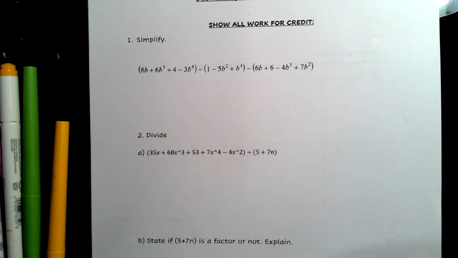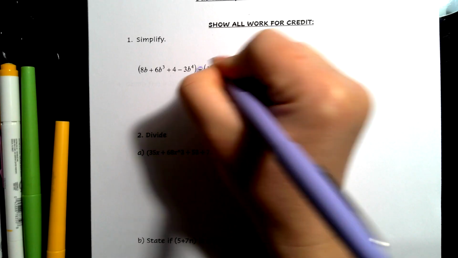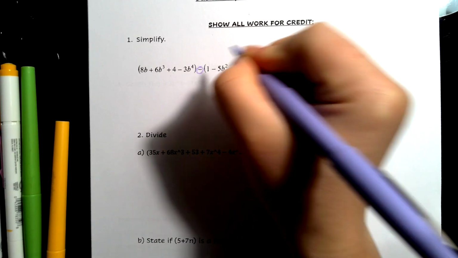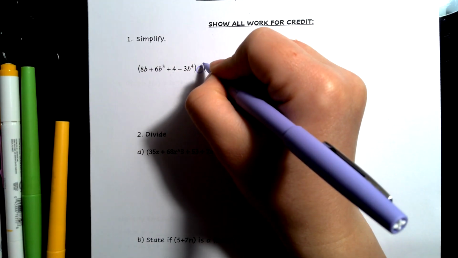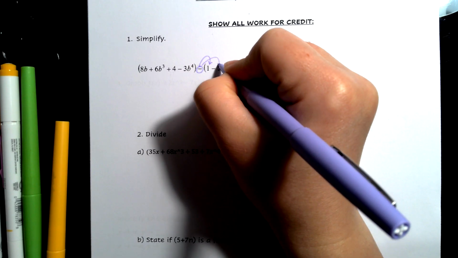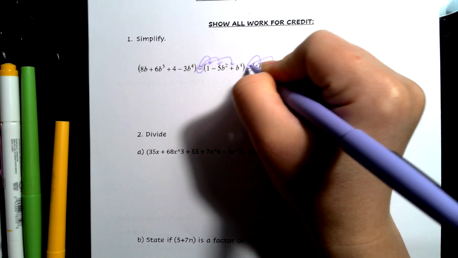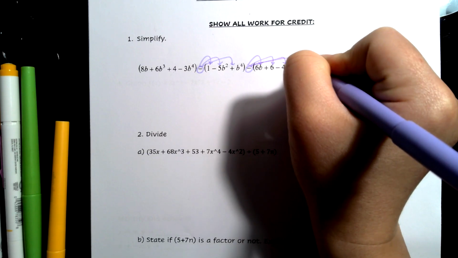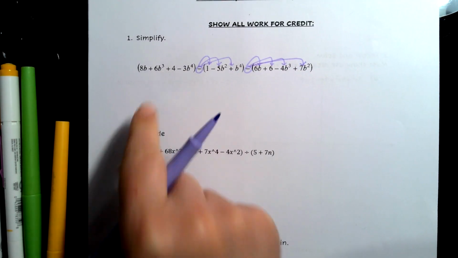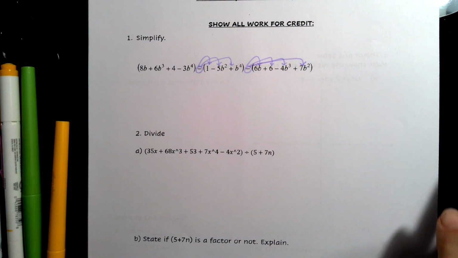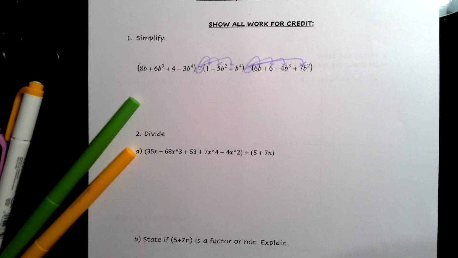When you're being asked to simplify, you're going to be adding and subtracting here. Notice that we have a minus in front of two polynomials here, many terms. So we need to distribute that minus. We're not going to touch this first one because it doesn't have a minus in front of it, so we're going to keep it the same.